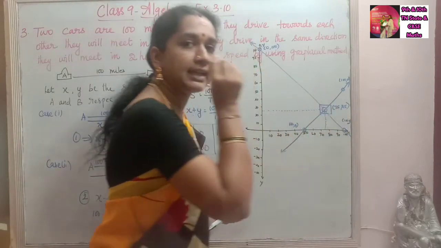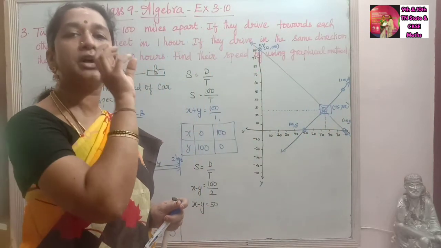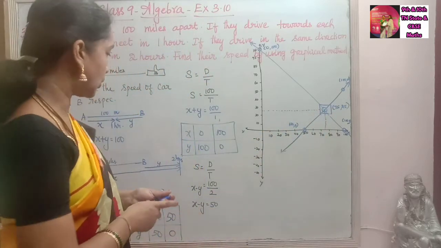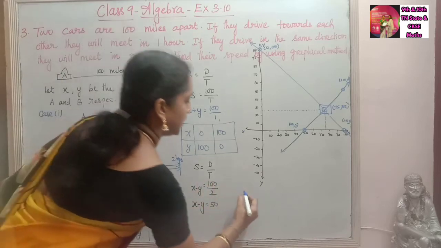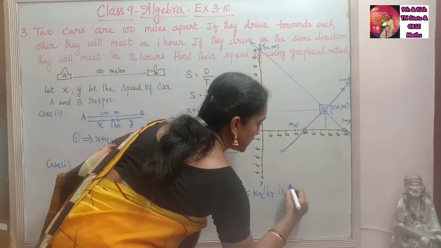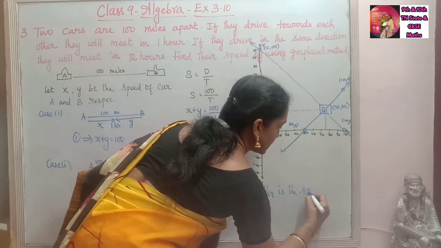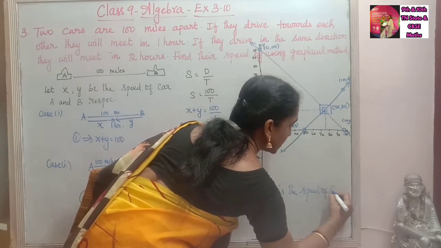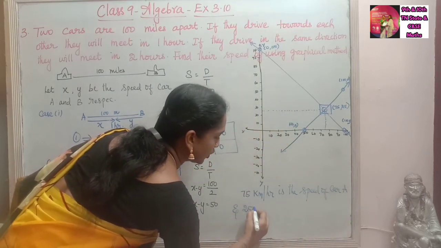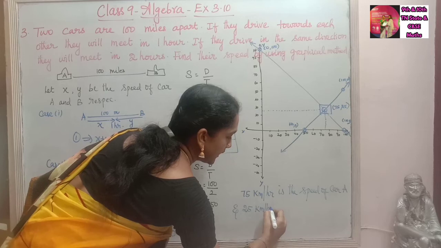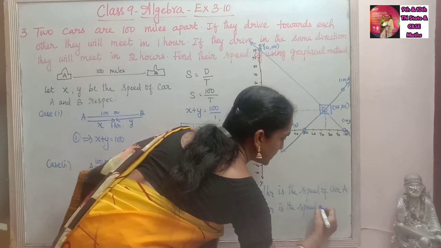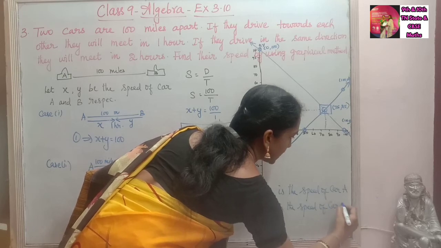We have taken x as the speed of car A and y as the speed of car B. So 75 kilometer per hour is the speed of car A, and 25 kilometer per hour is the speed of car B.